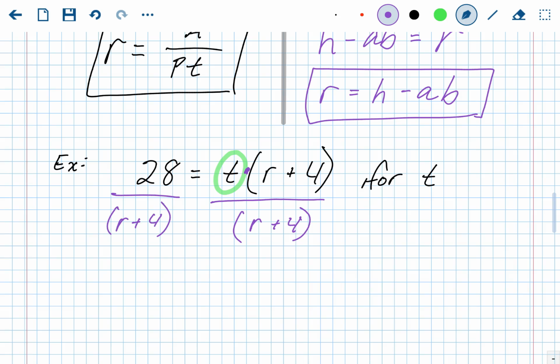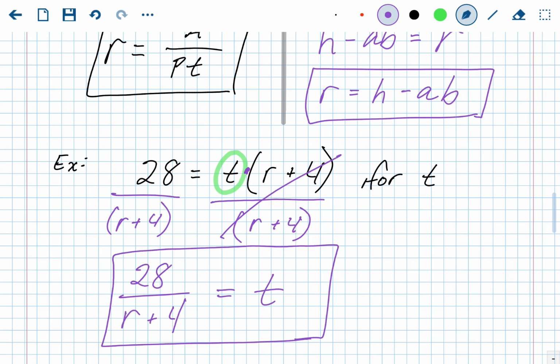On the right side, the quantity R plus 4 divided by the quantity R plus 4, those go away. On the left side, you have 28 over R plus 4. And on the right side, all you have left is T, which is all we want.